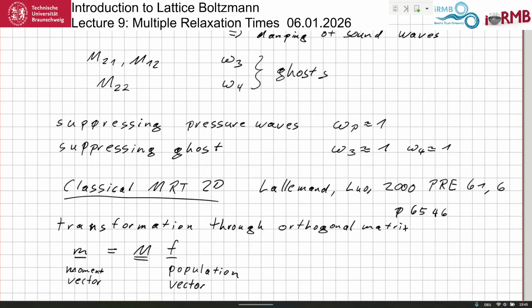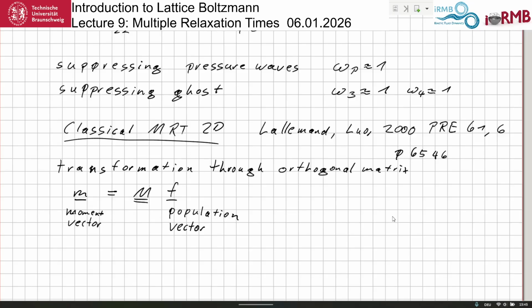Then you do the collision in terms of the moments and the streaming. For streaming you use populations f, and for collision you use moments.